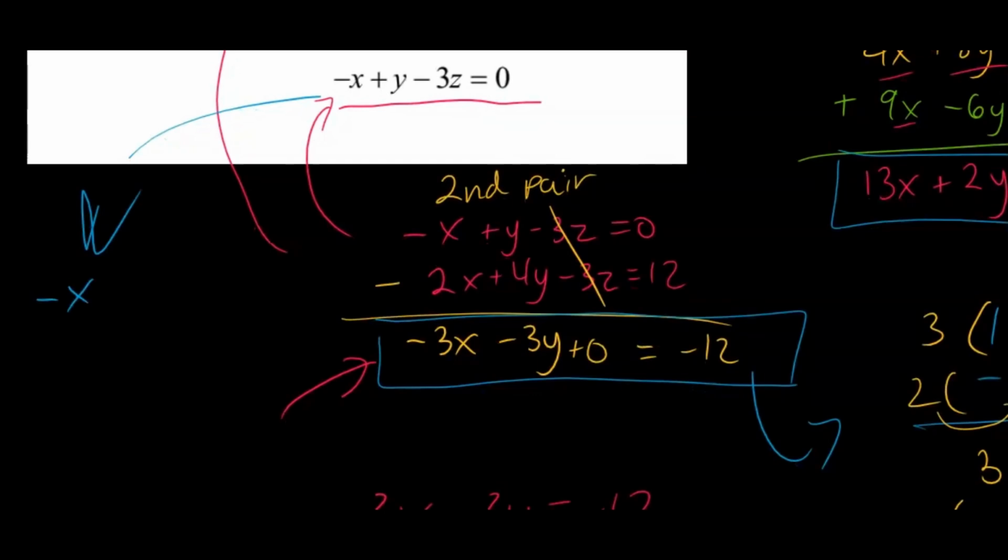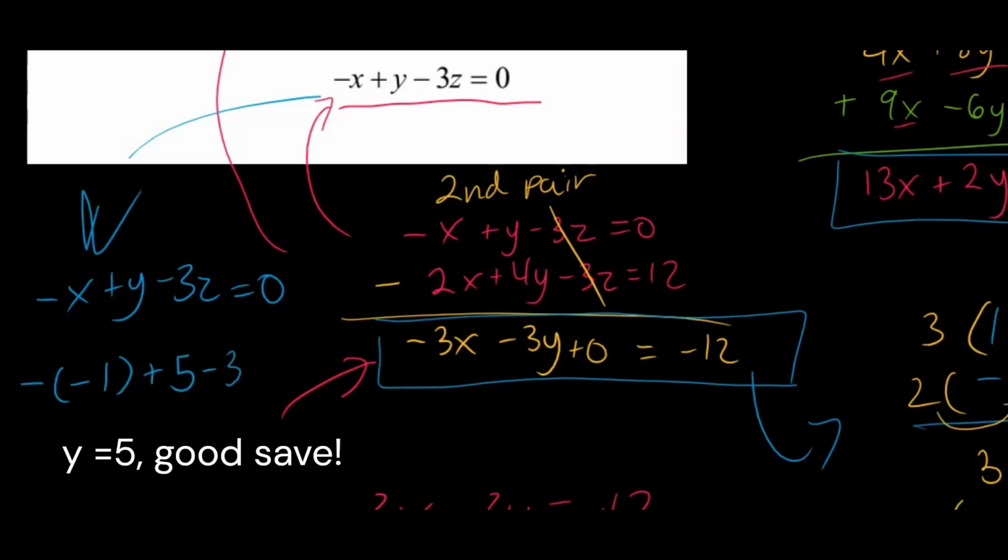So -x plus y minus 3z equals 0. And like we said before, we found our x and y values. So x was -1. So -x, so +1 plus y we knew was 5 because we solved for it. -3z equals 0.